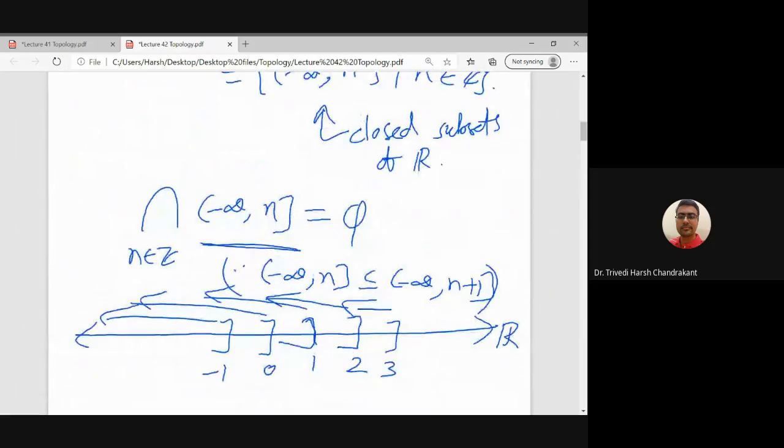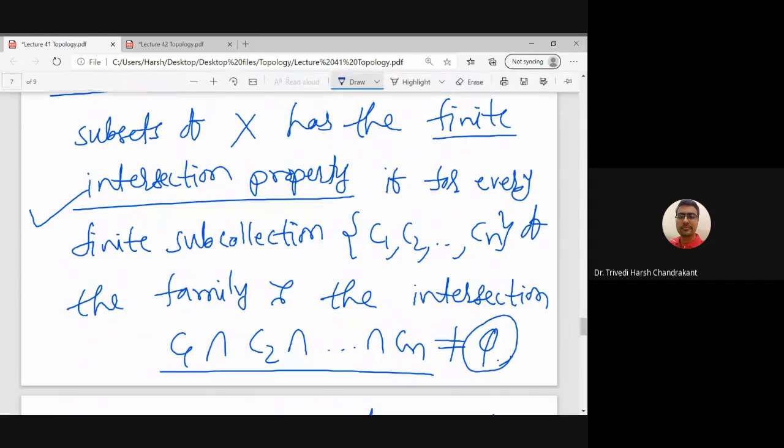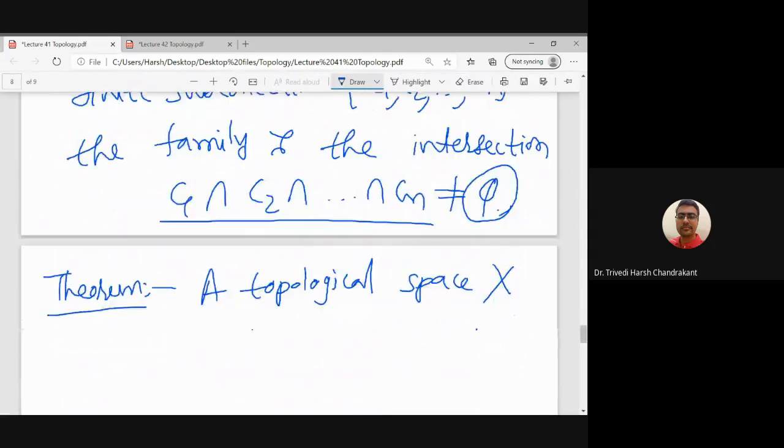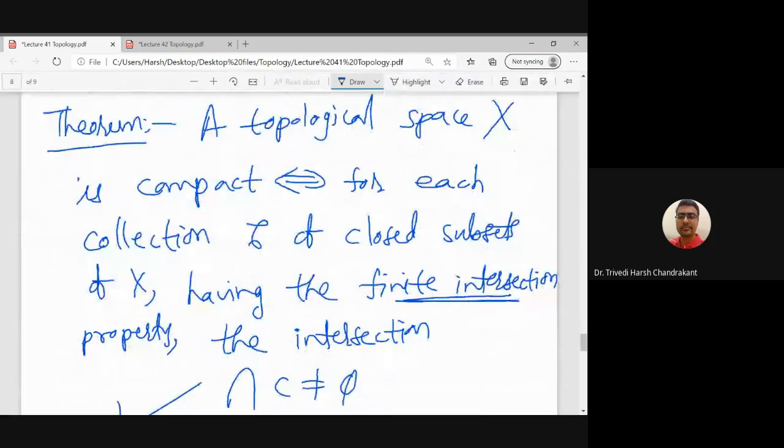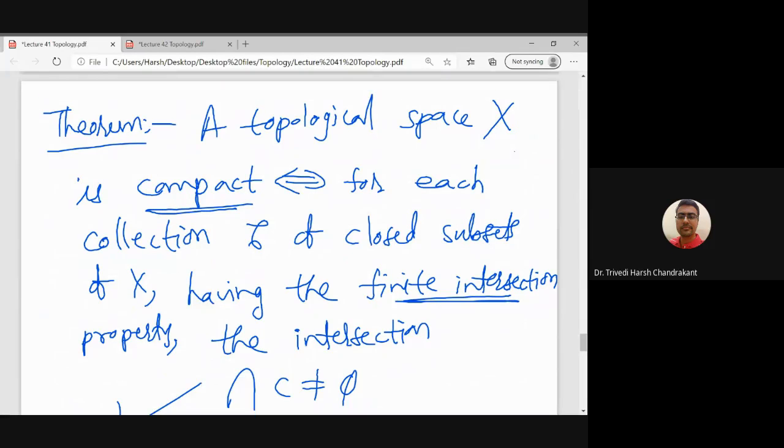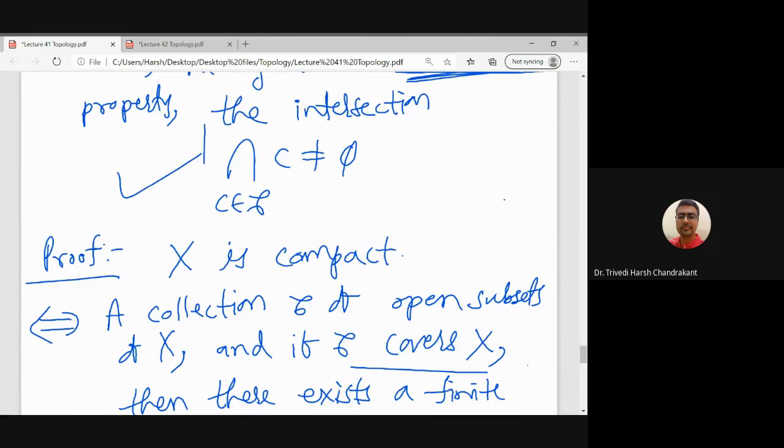So here we have seen the result which we discussed: a topological space is compact if and only if, whenever I have a family of closed sets which satisfies the finite intersection property, the total intersection is non-empty.